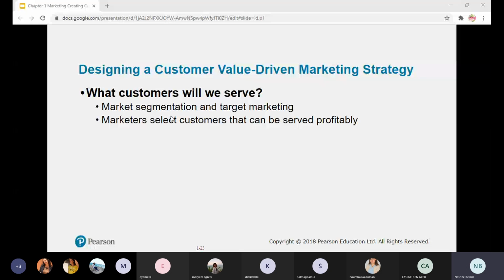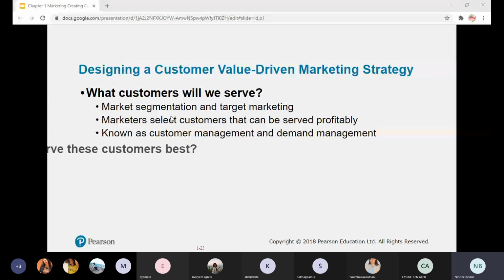And after that, we do the target marketing. So we will select customers that can be served profitably, the customers with whom we can make profits, which is known as customer management and demand management.